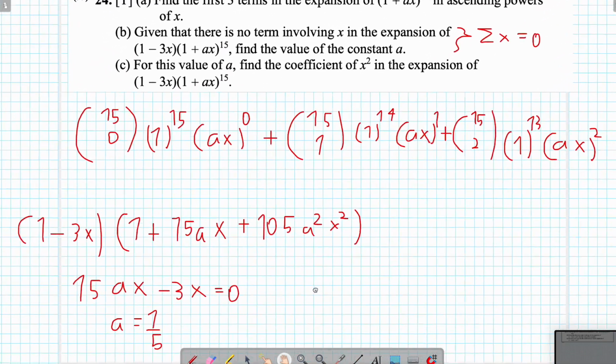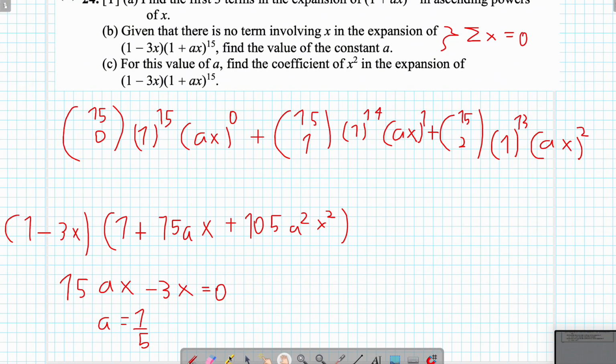Okay, now for part B, for this value of a, find the coefficient of x squared. So now let's substitute a by 0.2. So 15 times 0.2 is 3.